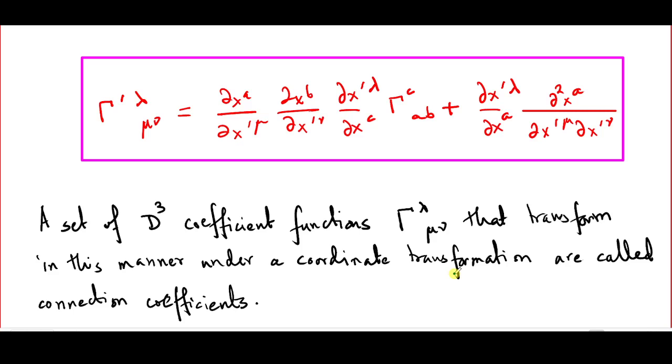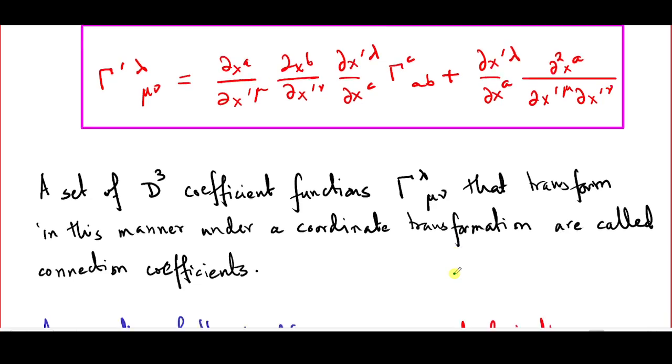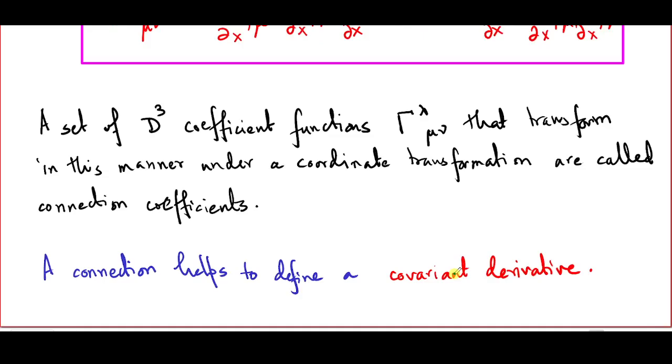Once you do that, you have got a set of connection coefficients. And once you have defined connection coefficients, you can use it to define a covariant derivative, a derivative of a covector field which itself transforms like a tensorial object.